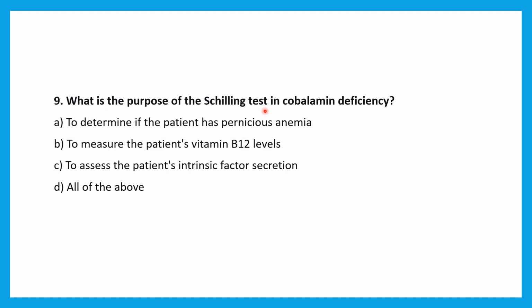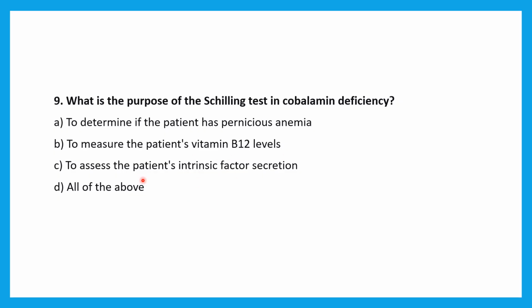So the purpose of the Schilling test in cobalamin deficiency, let's just talk about the Schilling test. The Schilling test was a specific test that was designed to determine if a patient could absorb vitamin B12, right? So its primary purpose is to diagnose pernicious anemia by identifying impaired absorption that's corrected with the administration of the intrinsic factor.